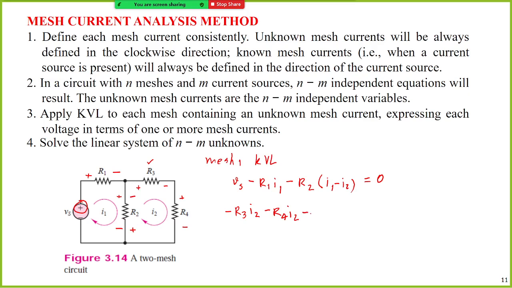This will be minus R2 times I2 minus I1 in this direction. This will be I2 minus I1, just like that. Just be careful of the positive and negative sides with the direction.